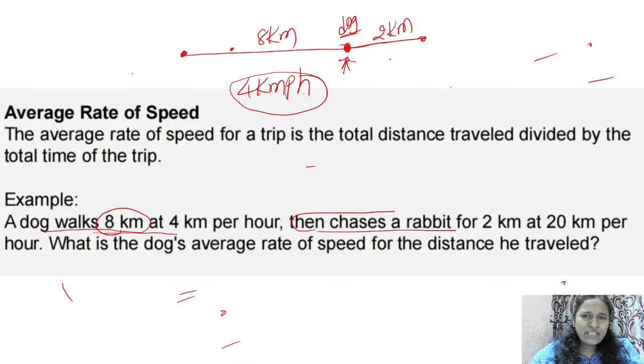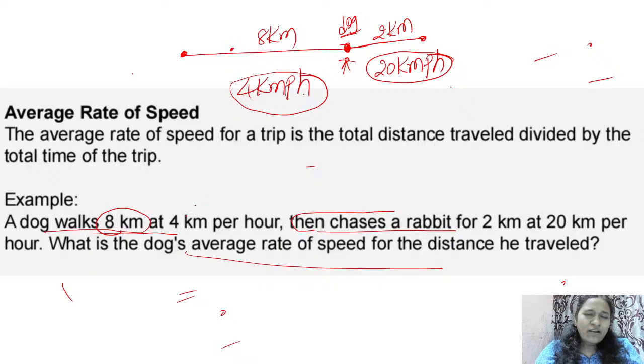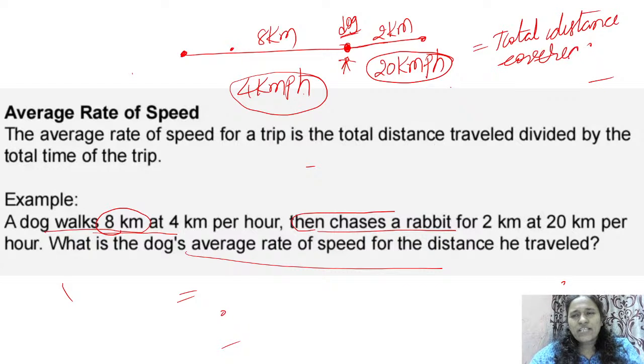What is the speed here? The speed is 20 kilometer per hour. It increased its speed also. Then the question is, what is the average rate of speed? Total distance covered by total time taken.